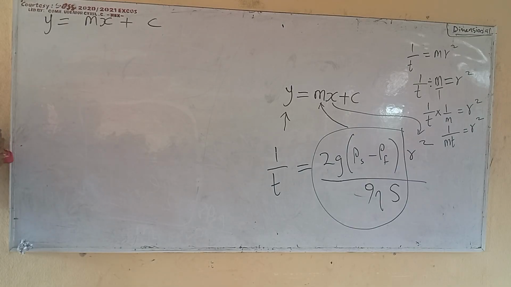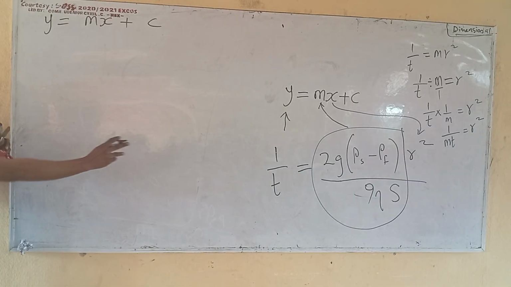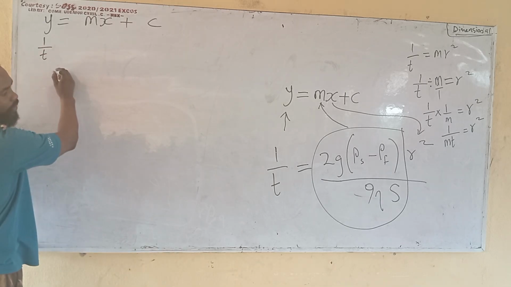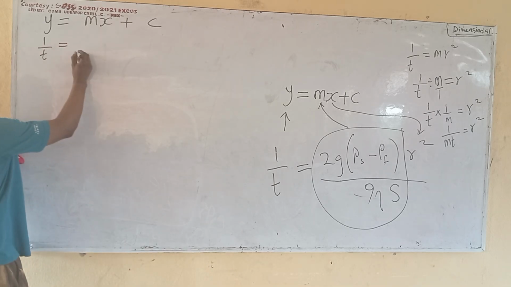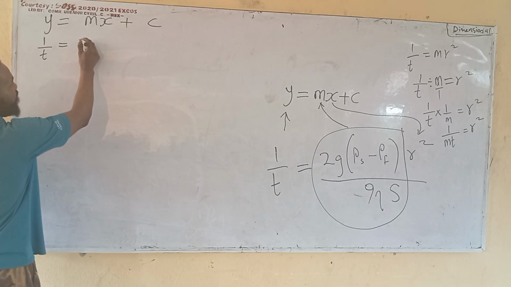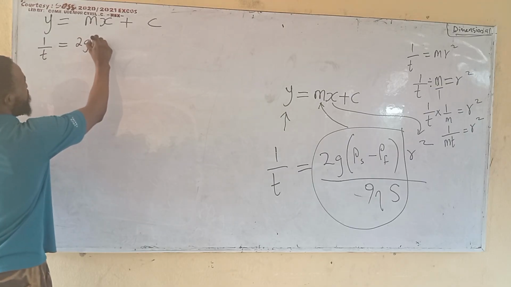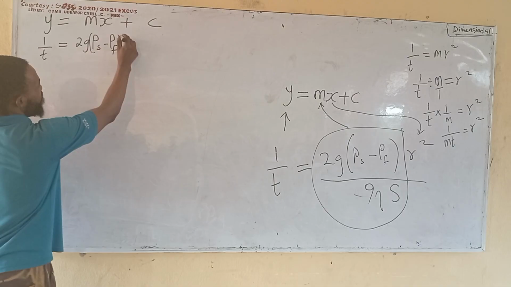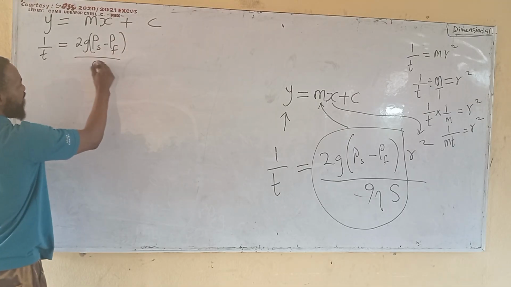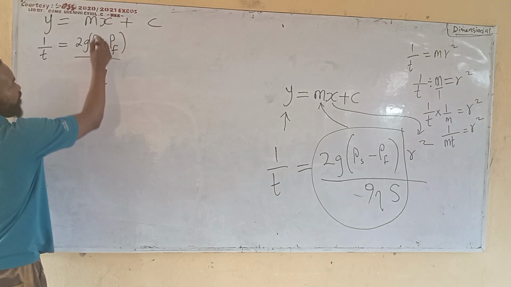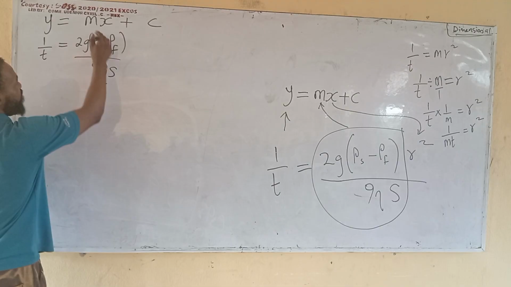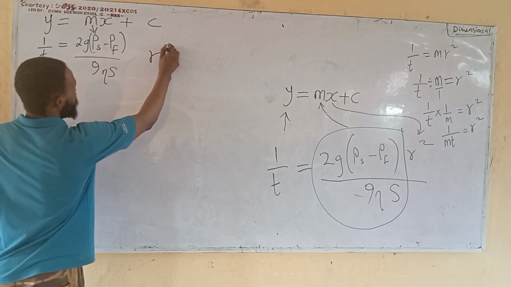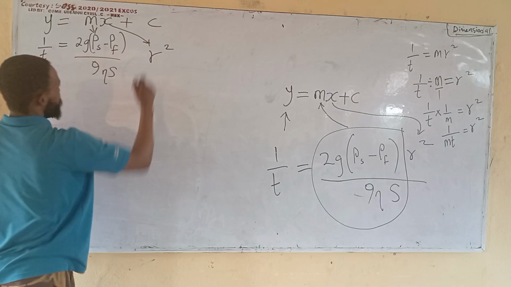If I know that, what it means is that right here for now, 1 over t is my y, equals to 2g, rho s minus rho f, then all over 9 eta, and s is my m, is it not true? And r squared is my x.